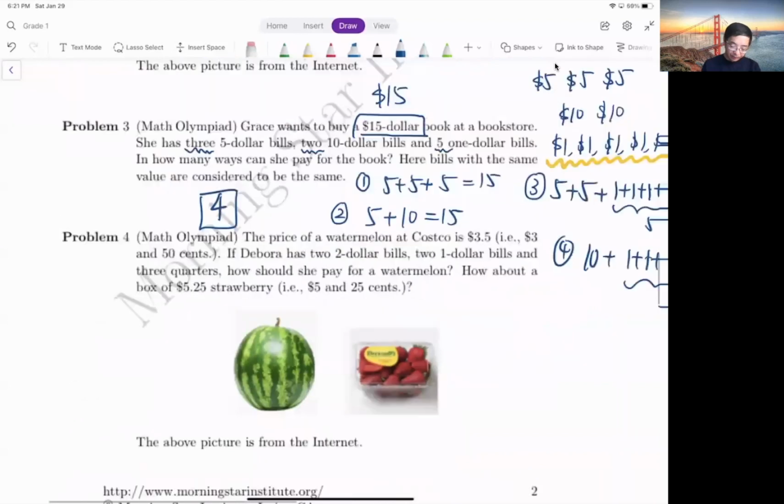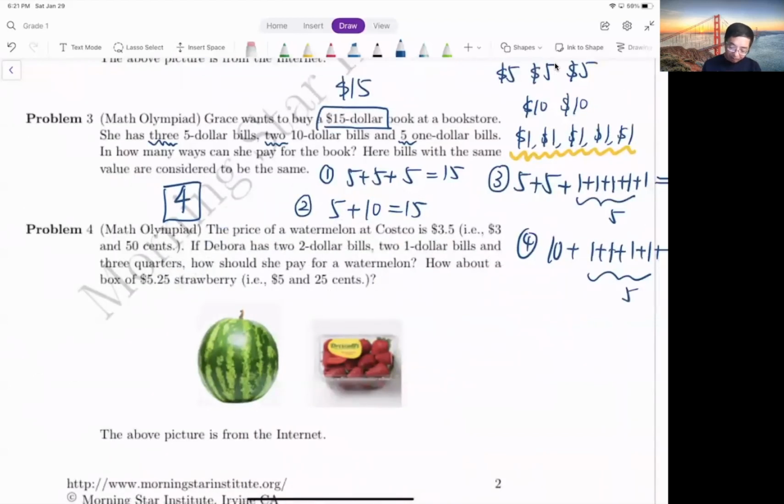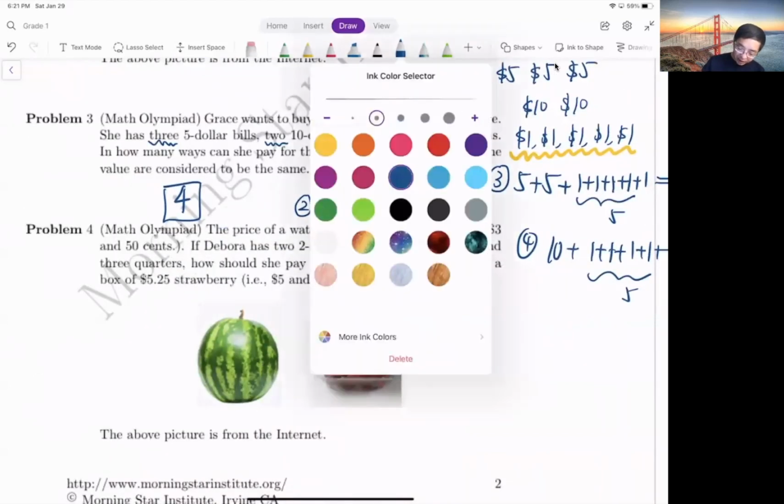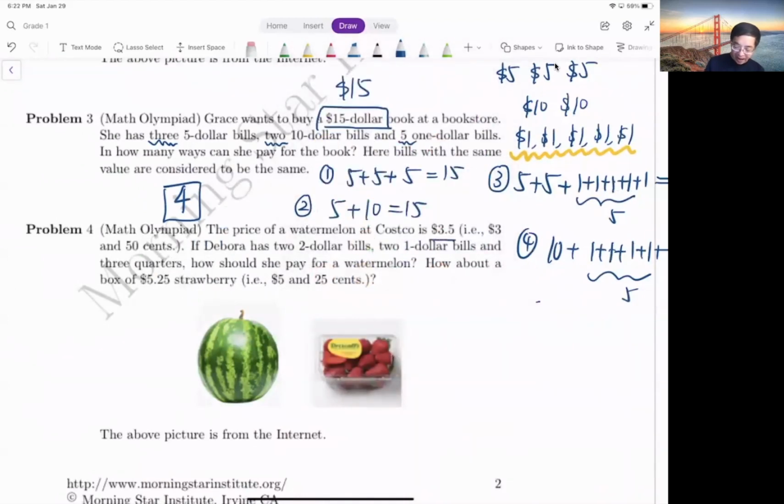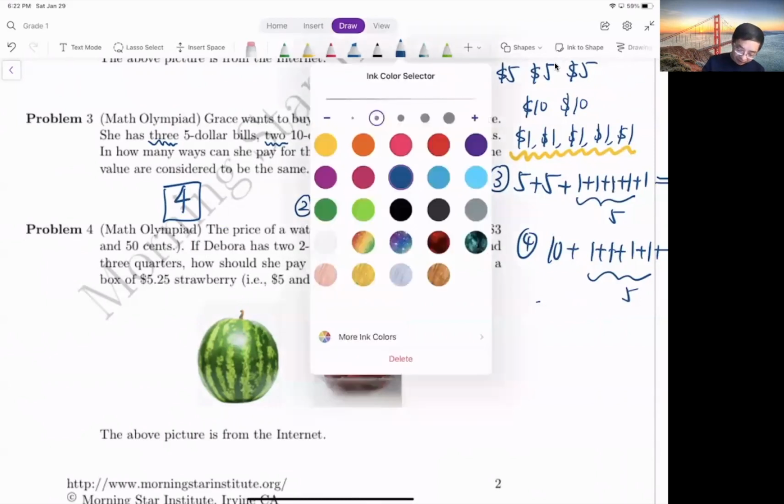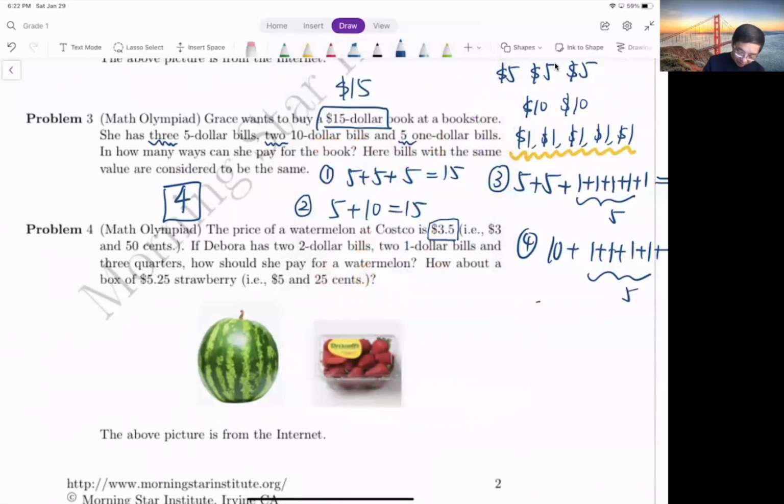Question number 4. The price of watermelon at Costco is $3.50. This is just a short way to represent $3.50. Okay, so let's mark it. This is for the watermelon.